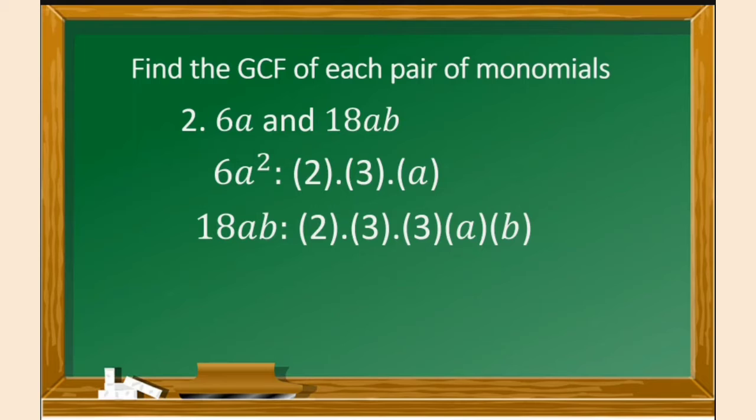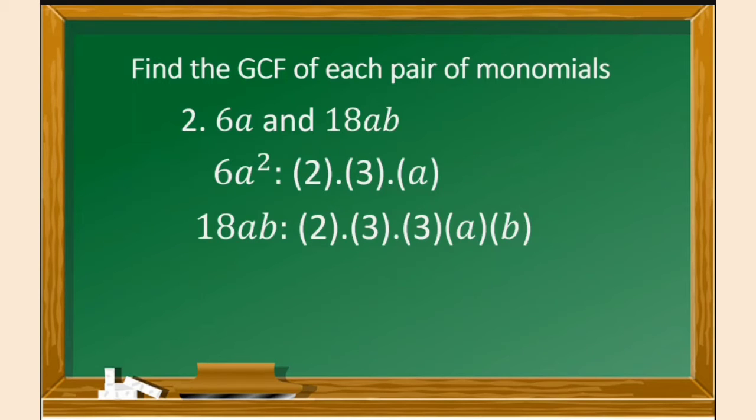Okay, again, hahanapin natin yung factor ni 6 and 18. So, we all know that 6, the prime factors are 2 and 3. How about 18? So, 2 times 3, 6. 6 times 3, 18. So, therefore, the prime factors of 18 is 2 times 3 times 3.